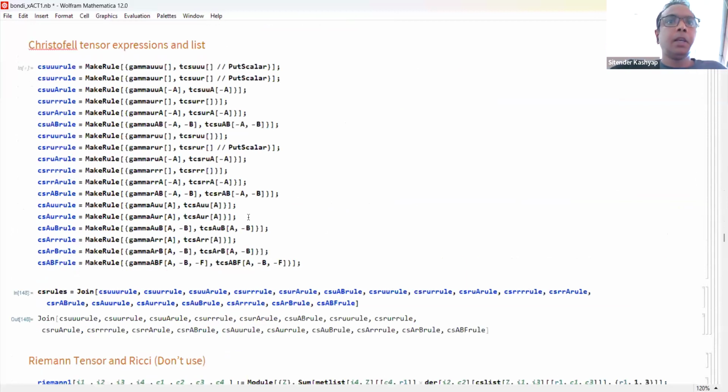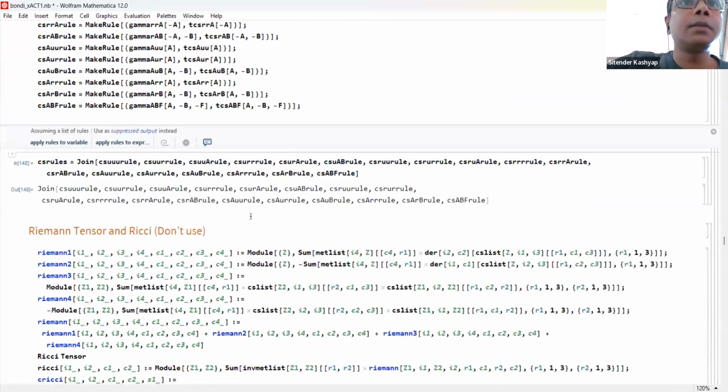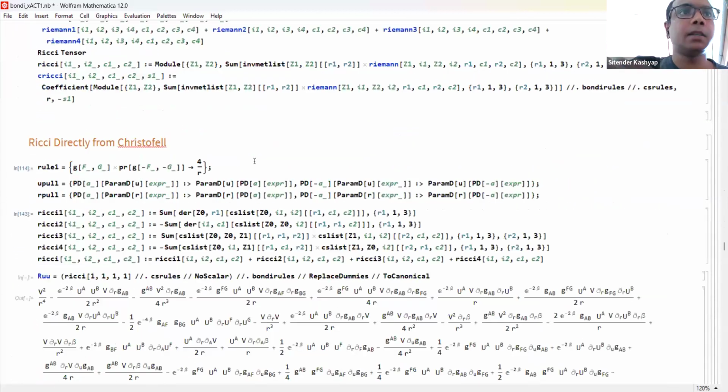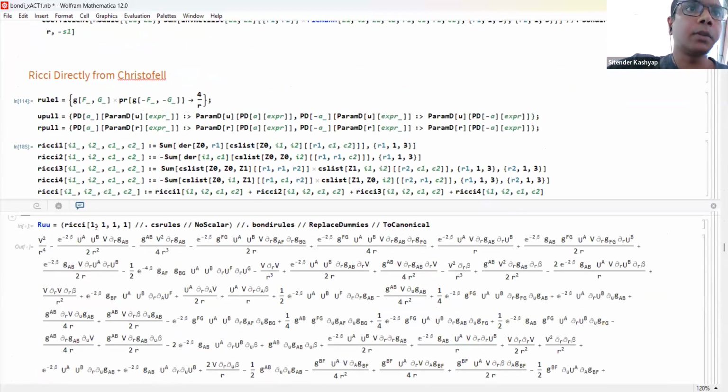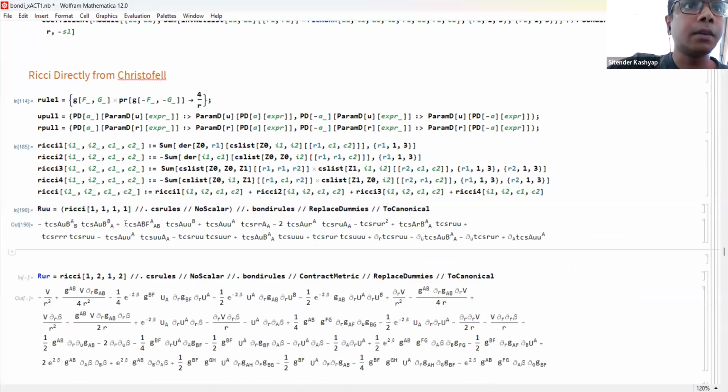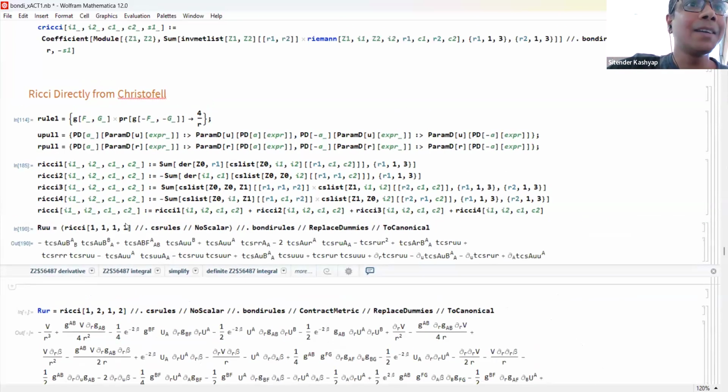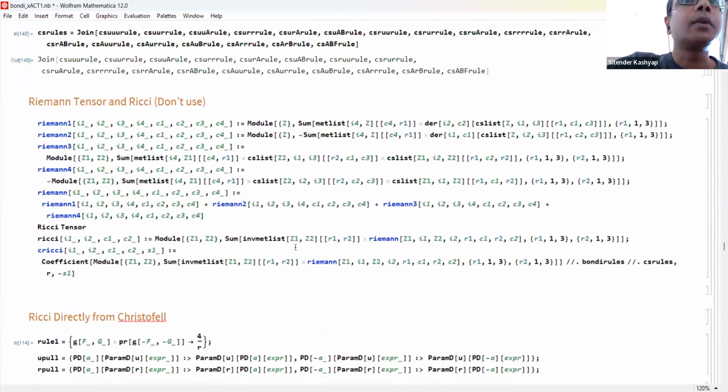Now with this, we are ready to define all the Ricci tensors. So let's say RUU. Once again, as I have said, if the third index is not there, we can put anything in the first two. I should have run everything.